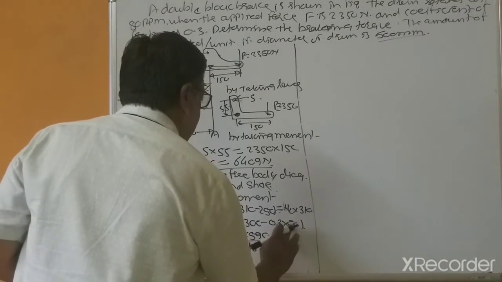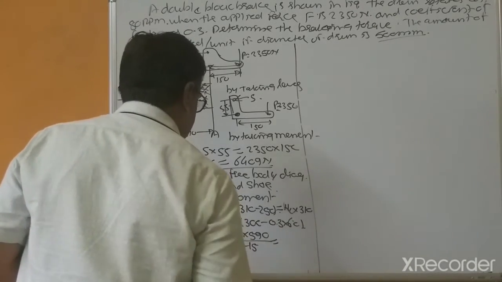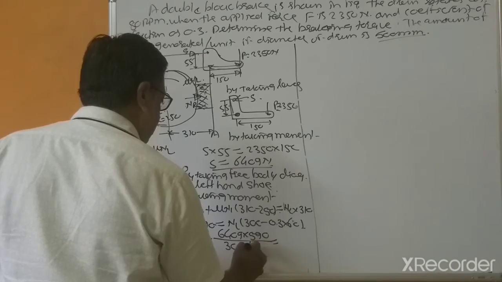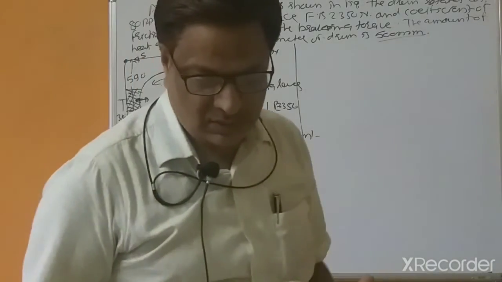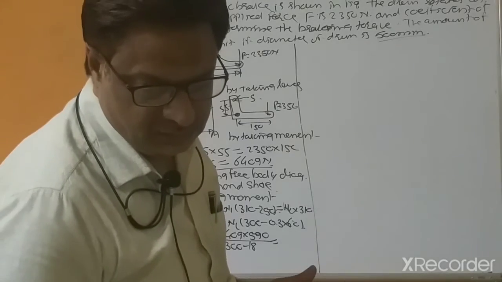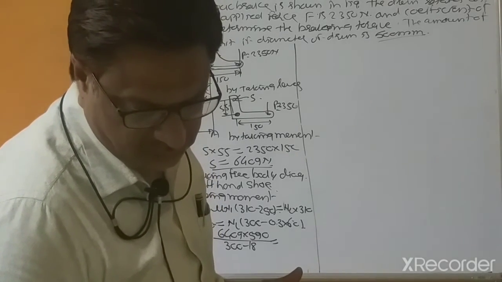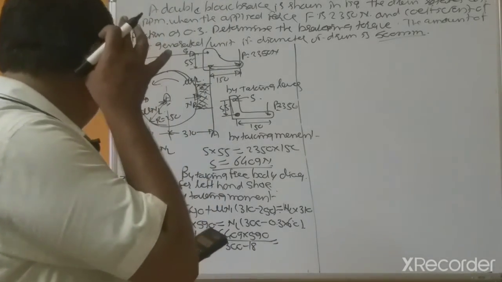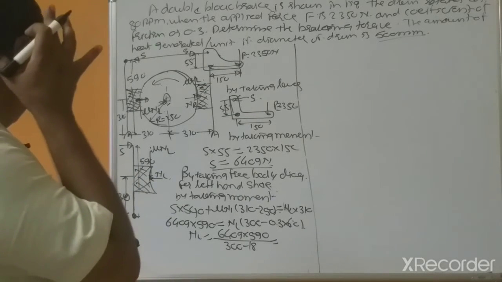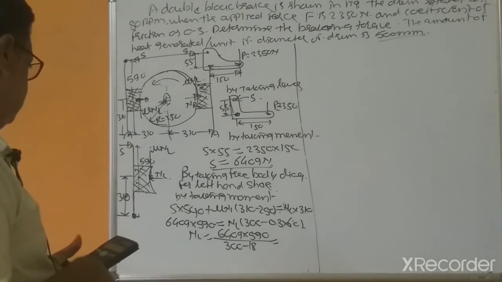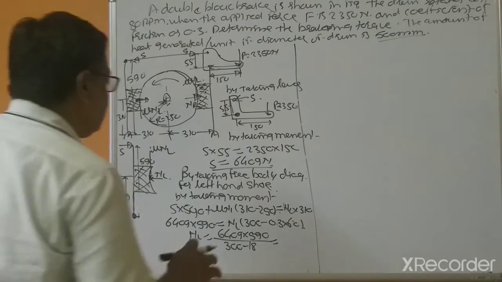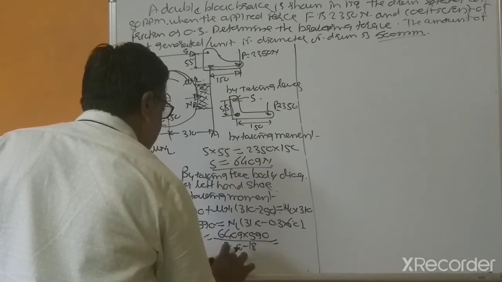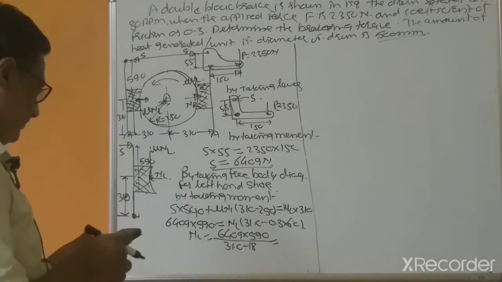So this is 60, 0.3 means this is 18. And this is 310. Such a type of small mistake should not happen during the examination.